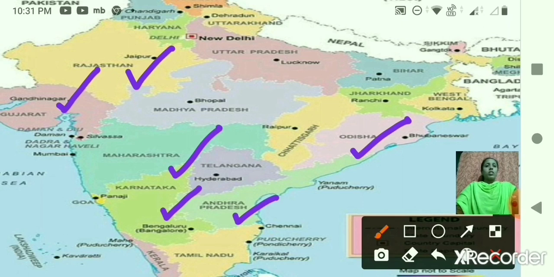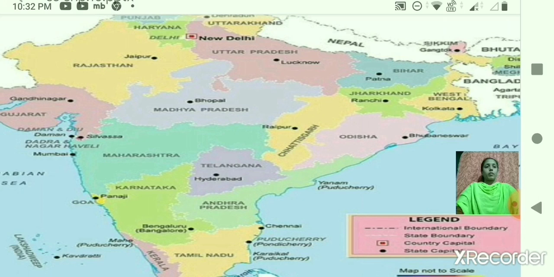Okay, so these areas, not entire state we can say, several regions in our country are prone to droughts. Okay, several regions in these states, not entire state we can say. Clear, children? So which are those states? That is Gujarat, Rajasthan, Maharashtra, Karnataka, Andhra Pradesh and Odisha.